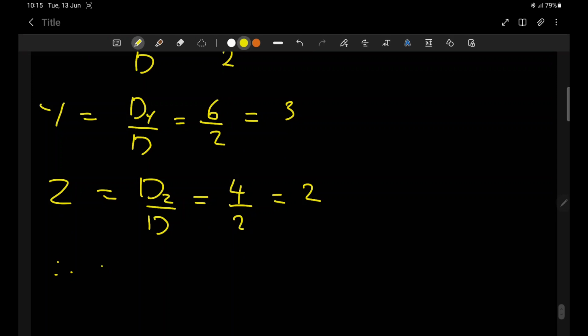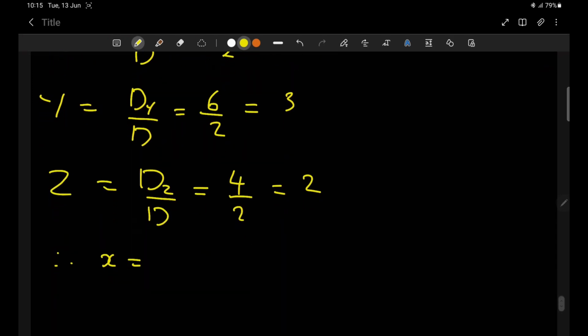So therefore our x is equal to 149, our y is equal to 3, and our z is equal to 2. Okay, so that's our final solution.